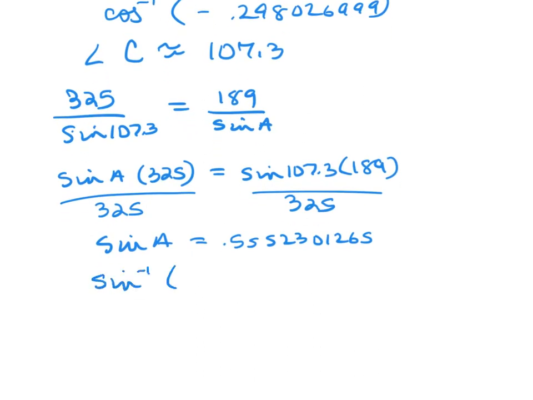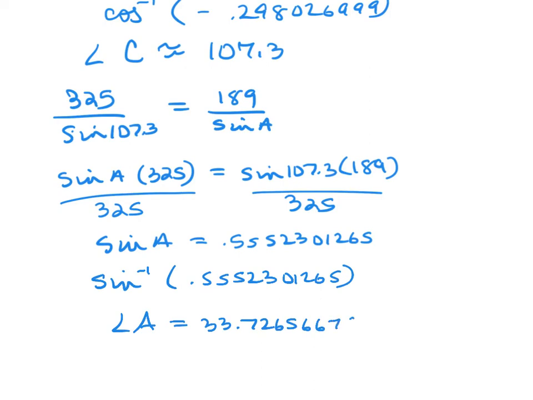I'm going to do the inverse function. So I'm looking for an angle. And angle A is equal to 33.7265668. I'm going to round that to the tenths place, so 33.7. Now to find angle B, I could just take the two angles I have, add them and subtract from 180.